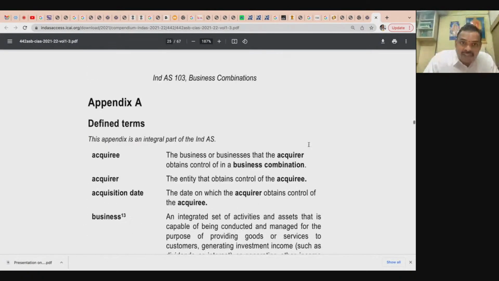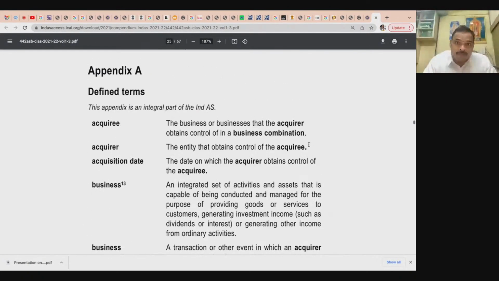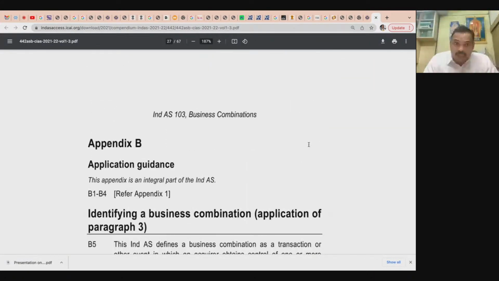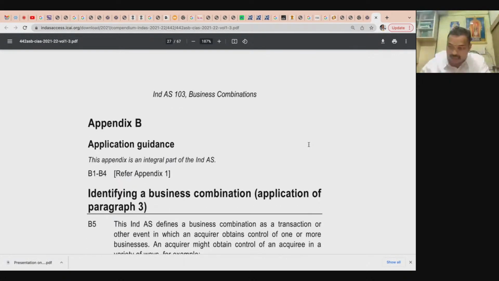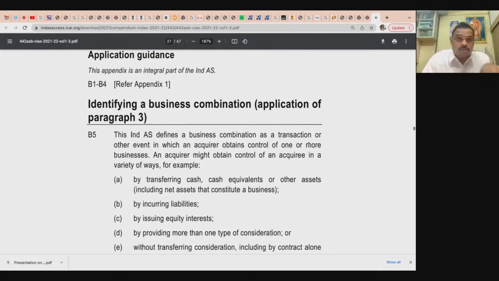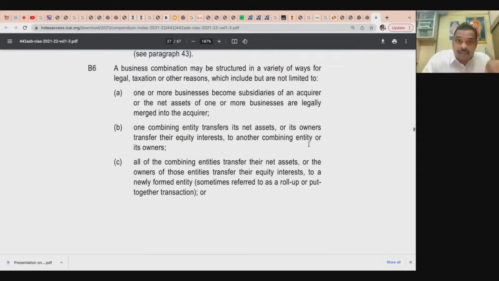And look at the definition, which is in Appendix A. It goes for 2 pages. And look at Appendix B, which is the application guidance, which has 67 paras. Only 63 paras are the standard, 14 are definitions, 67 in Appendix B. So I will suggest that you go through these 67 paragraphs.